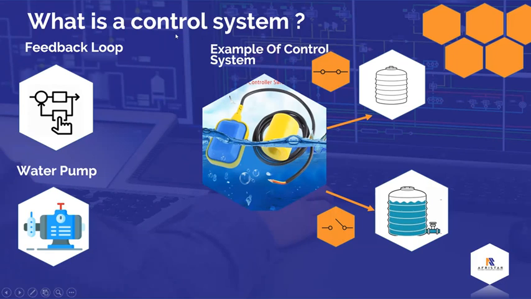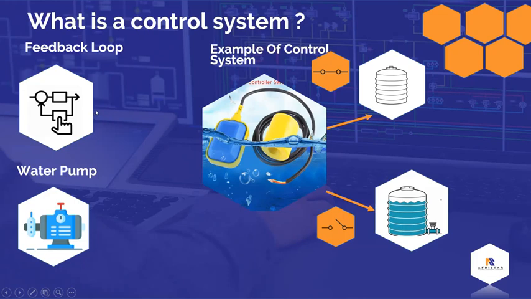So a control system is a combination of control and a system. To understand a control system further, we can understand it in terms of inputs and outputs, such that when you want to control something, you must input a signal.